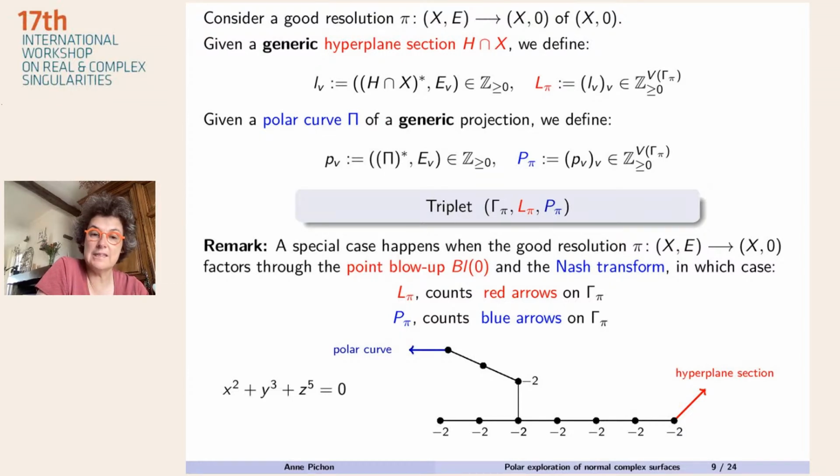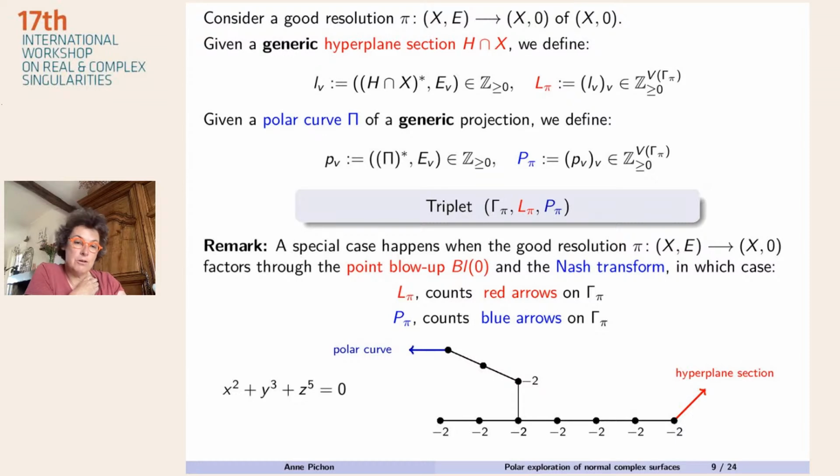So now what you get is a triplet: gamma pi, the resolution graph of pi; L pi, the intersection vector of the generic hyperplane section with the components of E; and P pi, the same for the generic polar curve.